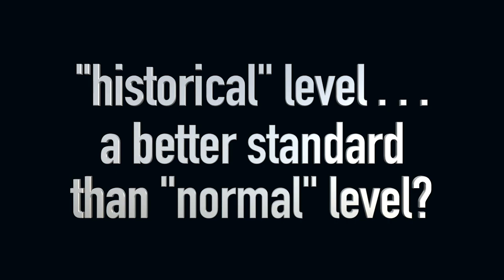But the question remains, how are those terms defined, and how relevant are they anyway? Some researchers, with a much better command of statistics than I have, suggest that a better standard for recommendations should be based on our historical natural levels, not merely the normal levels in today's modern times.